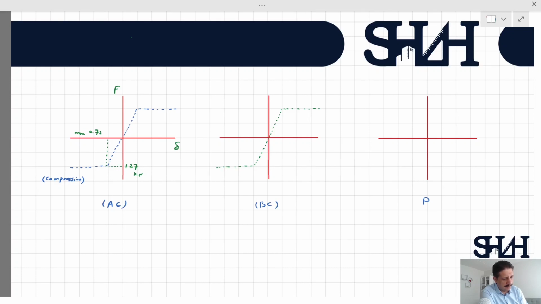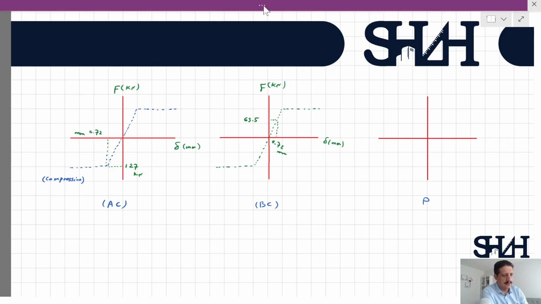So at the load of 63.5 kilonewton, it was exactly 0.72 millimeter.